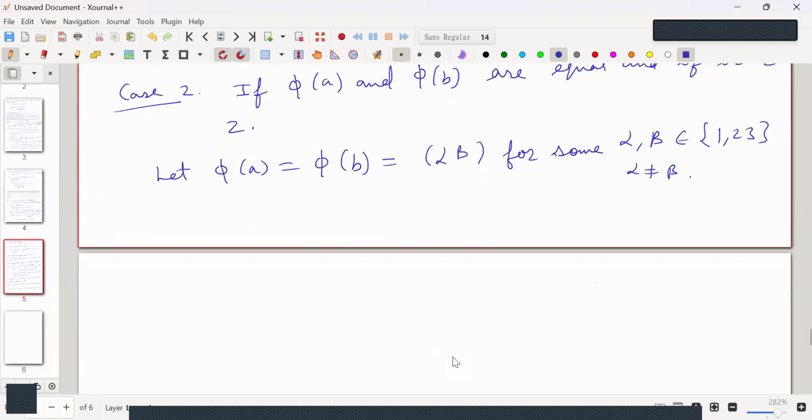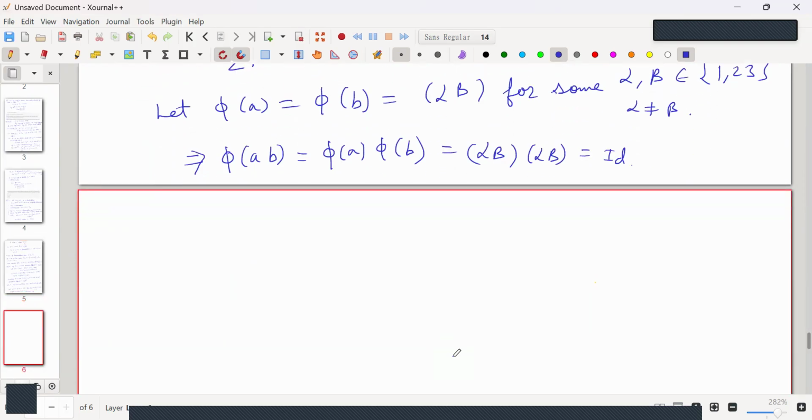Then what can be the issue? This implies phi of AB is phi of A times phi of B, which is alpha beta times alpha beta, and that is identity, right?